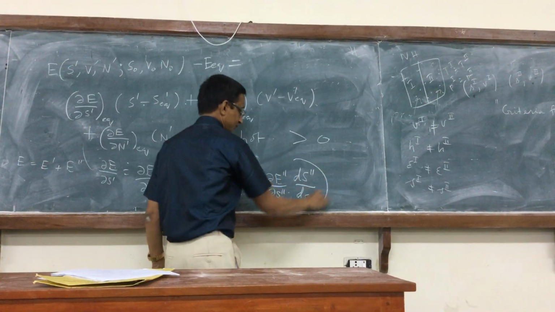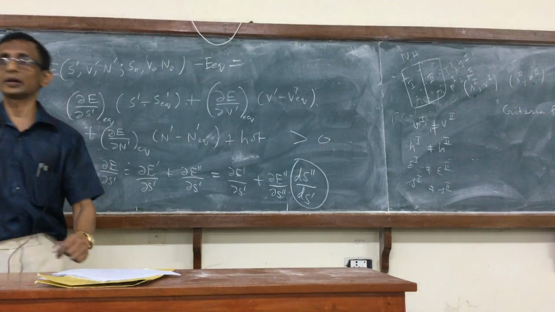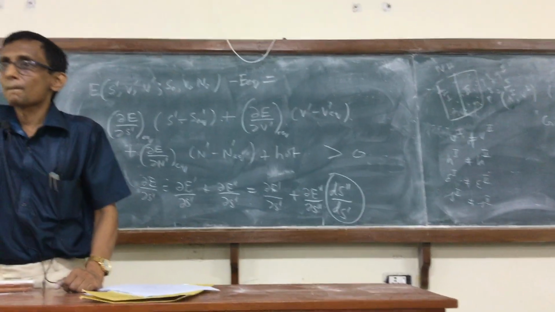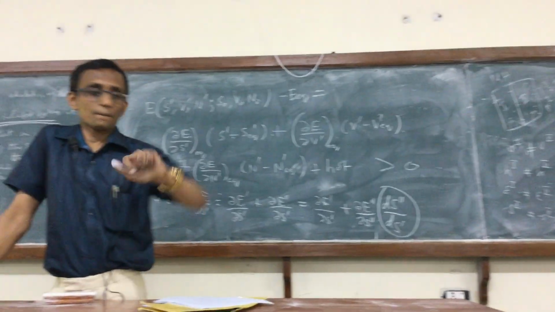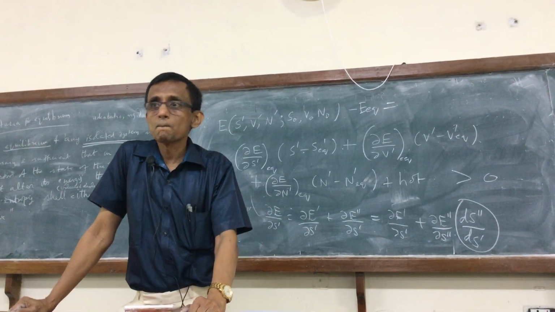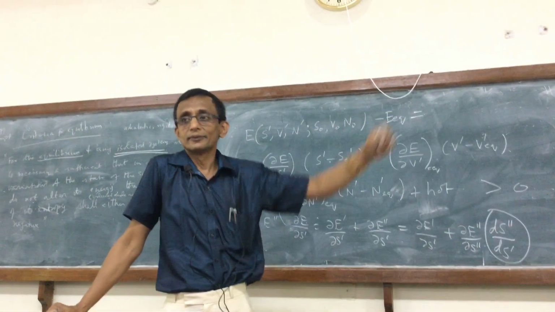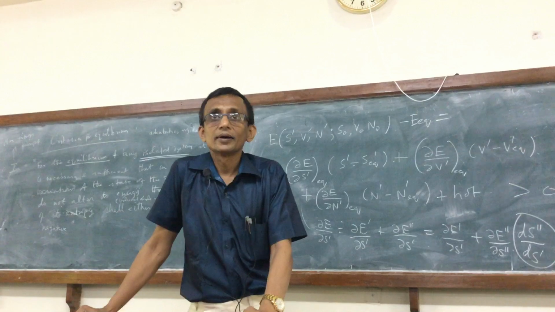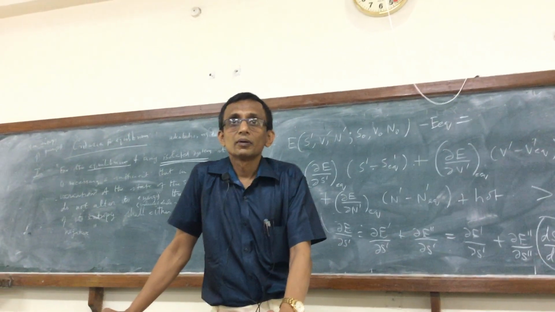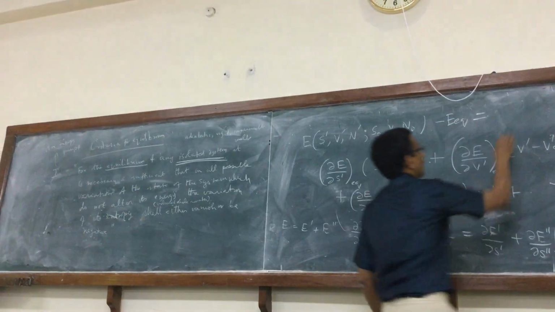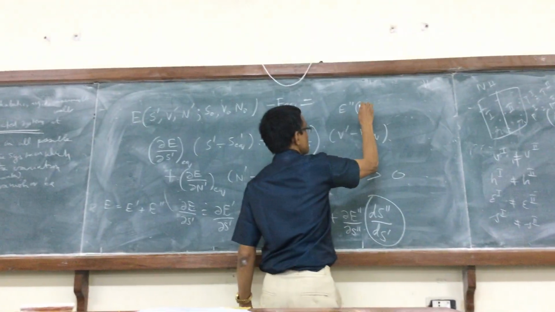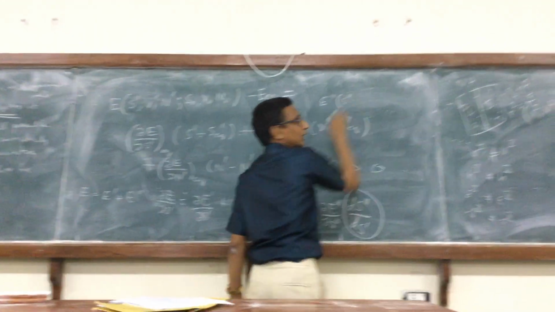So now what is this derivative? dS double prime by dS prime. E double prime is a function of S double prime and other variables.